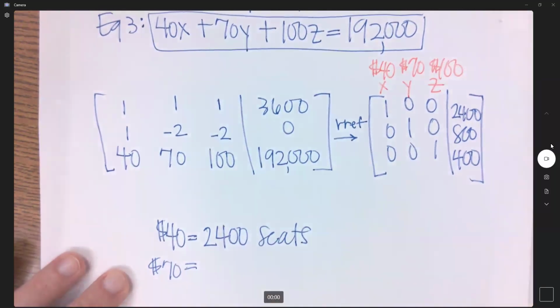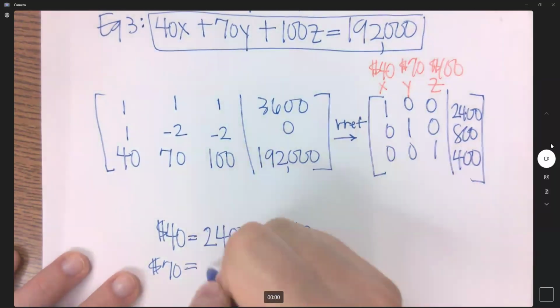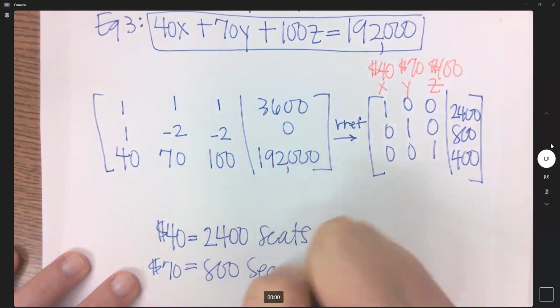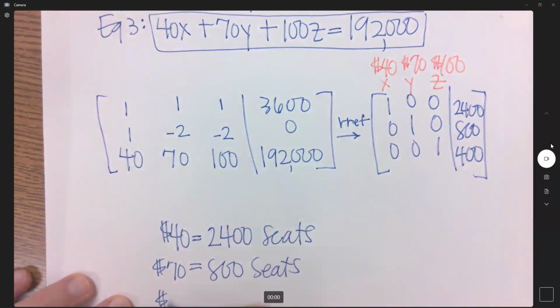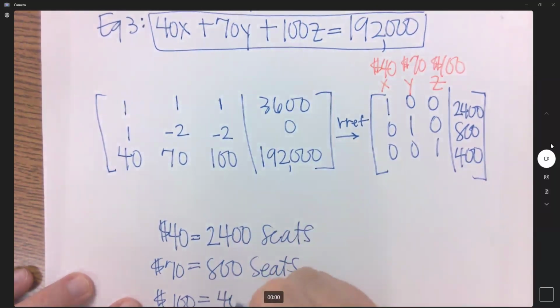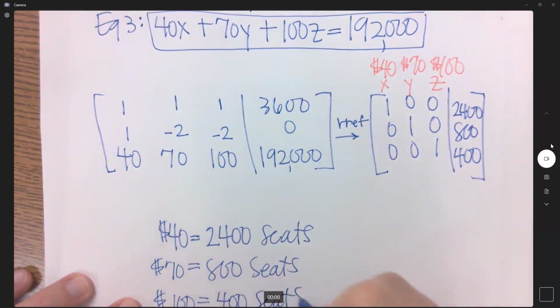My $70 tickets, we need 800 seats. And my $100 tickets, we need 400 seats.